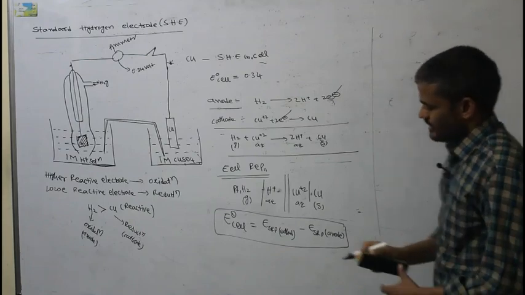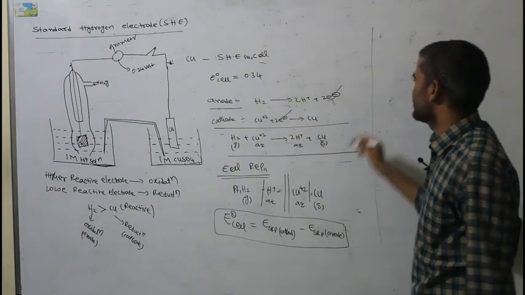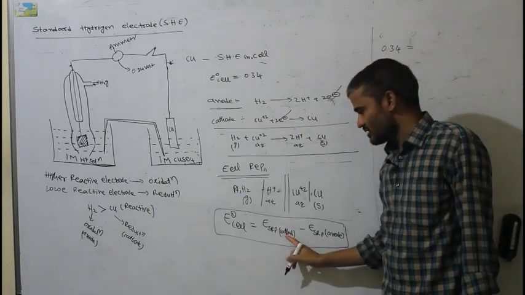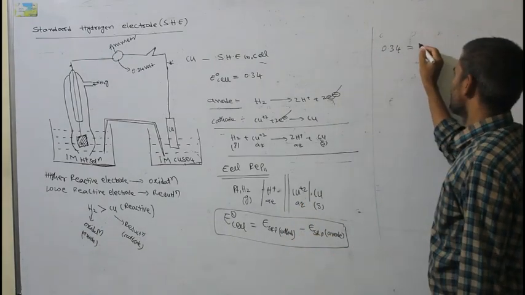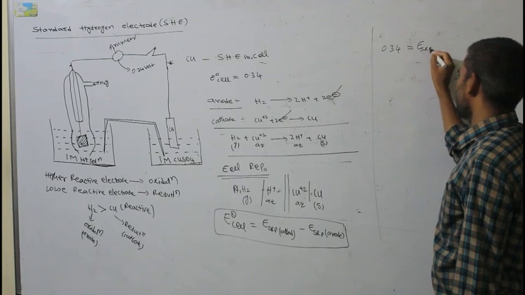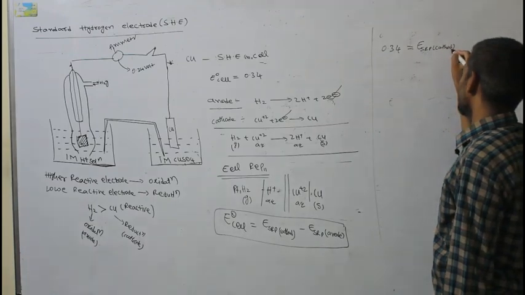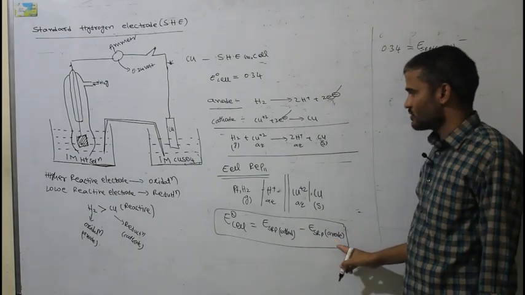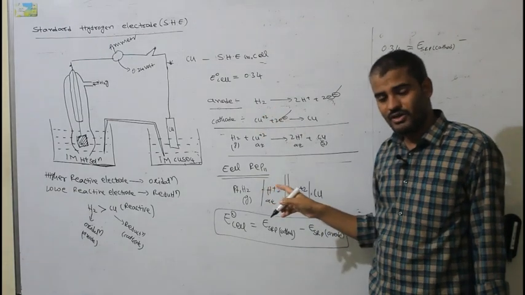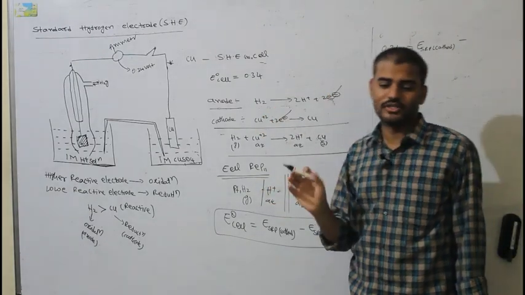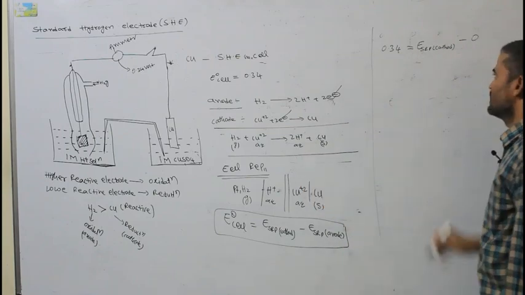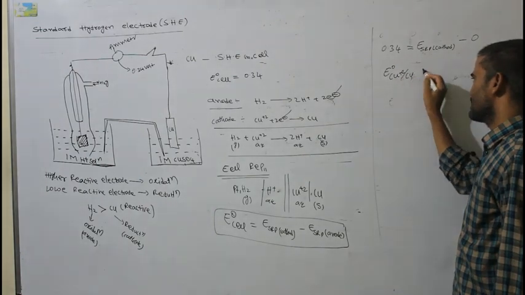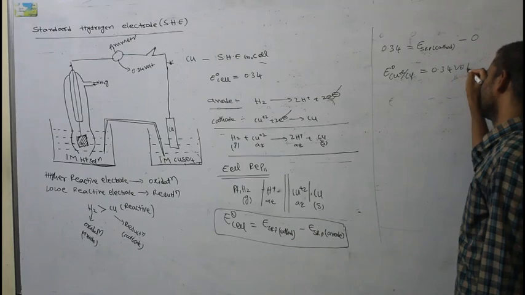The cell potential noted in the ammeter is 0.34, which equals the cathode, the copper electrode, that we have to find, minus the standard reduction potential of the anode. The anode is the hydrogen electrode, whose reduction potential value is 0. So E naught of Cu2+ / Cu will be equal to 0.34 volt.